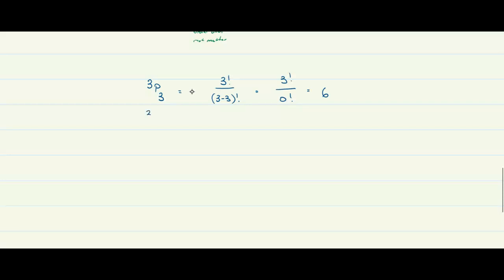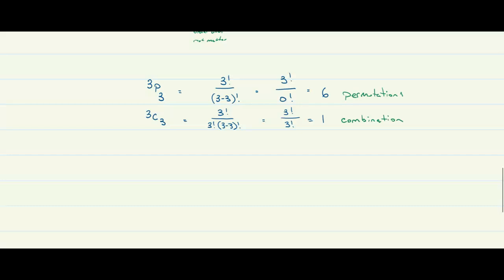But if we want the combinations of 3 from 3, then we've got 3 factorial over 3 factorial times 3 minus 3 factorial. So I end up with 3 factorial over 3 factorial, which is just 1. So that's 6 permutations and 1 combination, just to highlight that distinction between those two ideas.